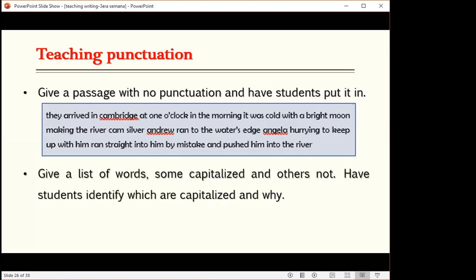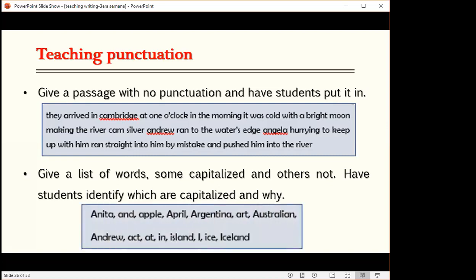Another way could be that you give your students a list of words, some capitalized and others not. Have students identify which are capitalized and why. So here you have this list: Anita, Anne, Apple, April, Argentina, Art, Australian, Andrew, Act, at, in, island, as, island. Notice here you have this group of words.